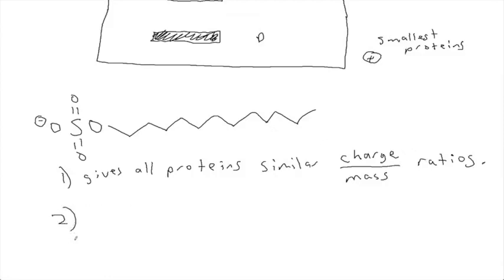The other function that I don't think you mentioned is that it denatures the proteins. I mentioned, for example, that this hydrophobic chain here can interact with, well, first of all, do you remember what it means to denature a protein?